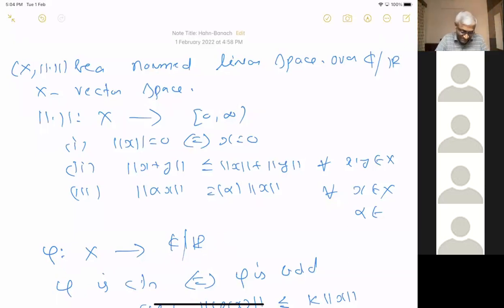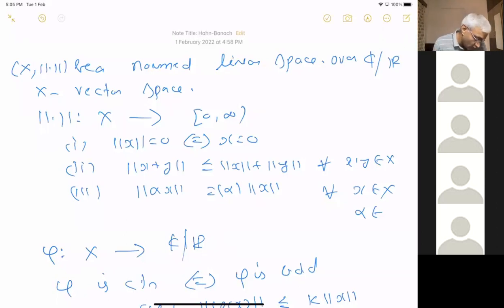By this we mean X is a vector space, and we have a norm, which is a function from X to the non-negative real line [0, infinity), which satisfies those 3 axioms, which you know already.